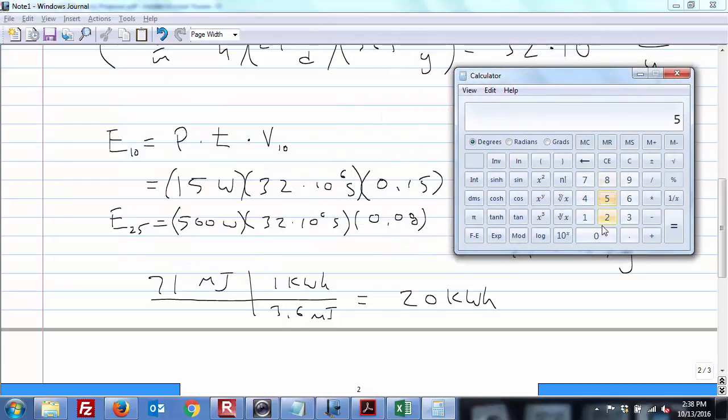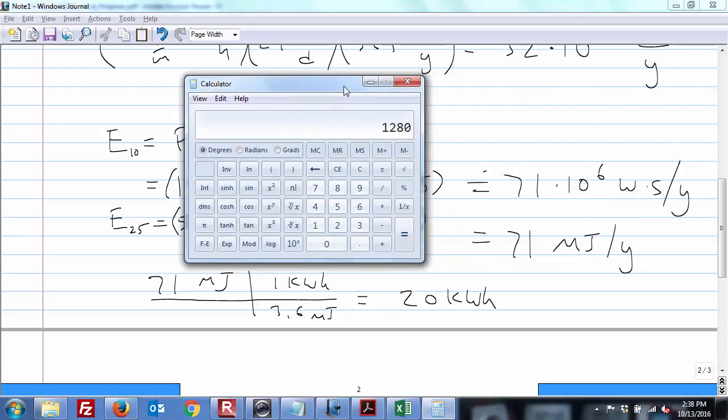So 500 times 32, and I'm just going to leave the 10 to the 6th off, so we're just going to run this in megajoules, basically, times 0.08 equals, so I went from 71 to 1,200.